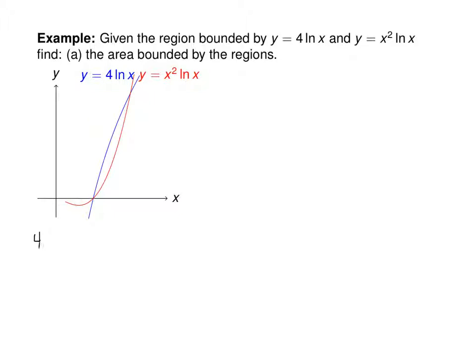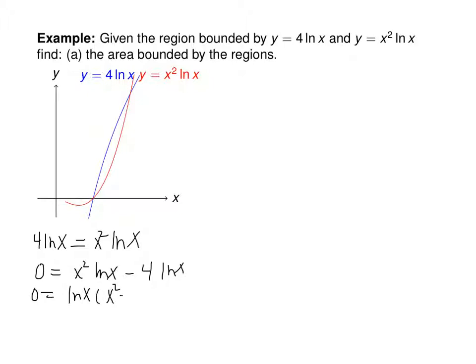So we'll set 4 ln x equal to x squared ln x. That gives us 0 equals x squared ln x minus 4 ln x, or 0 equals ln x multiplied by x squared minus 4, or 0 equals ln of x multiplied by x plus 2, x minus 2.